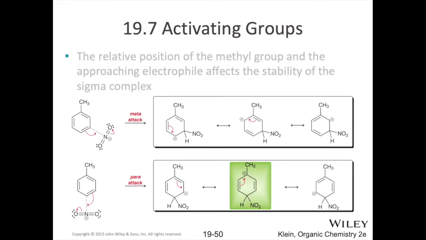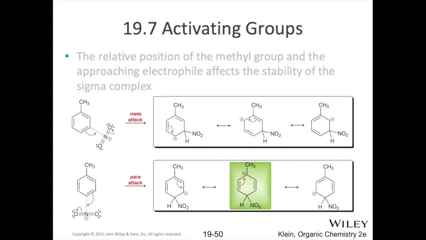And again, we have that stabilization from that hyperconjugation off that alkyl group. It's going to push electron density towards that carbocation and therefore lower the potential energy of this sigma complex, and therefore, you're going to need less activation energy to get this reaction going towards that product.